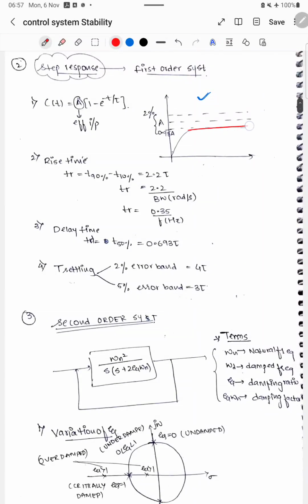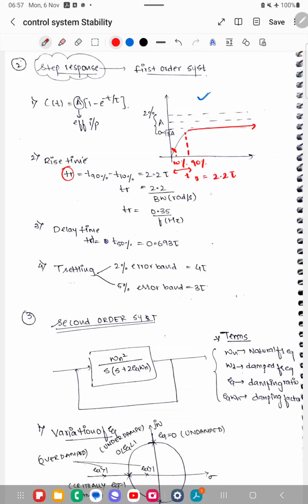So this is going to be the response. Firstly, we will see about rise time. So rise time is time taken to rise between 10% to 90%. The time here is nothing but rise time, and rise time is nothing but 2.2 tau. Now tau is inverse of bandwidth, so 2.2 upon bandwidth.